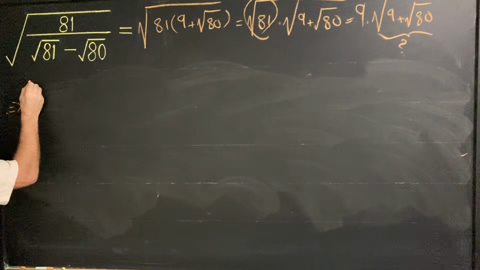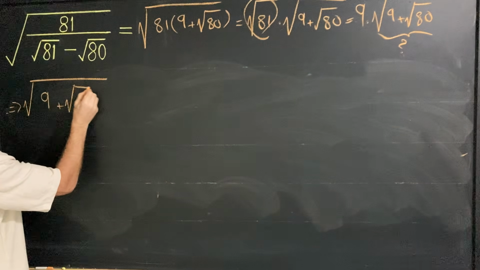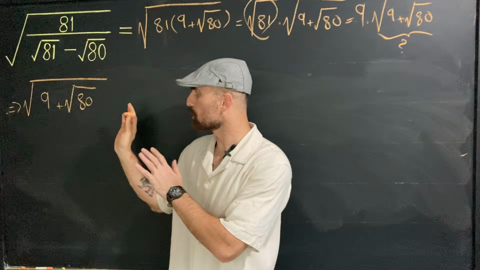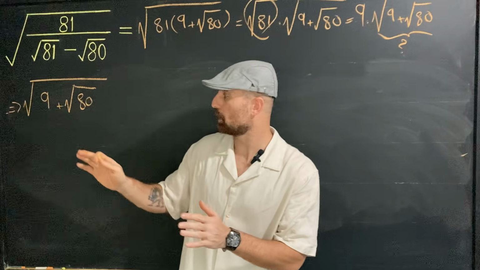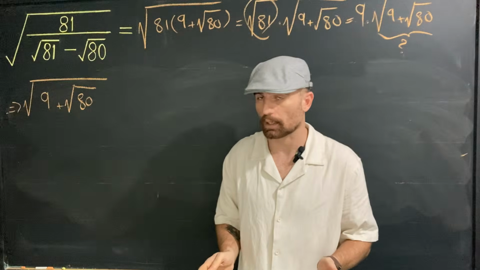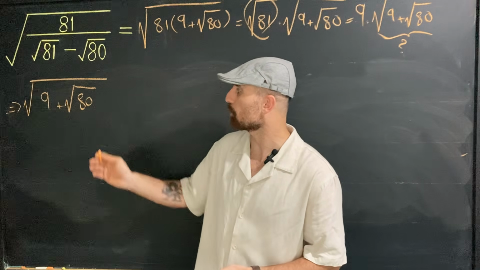Let me rewrite it here. We are going to find out the value of 9 plus second root of 80. What is your strategy to solve this type of question? Here we have second root of 80. If we had second root of 81, so 81 is a perfect square, we could continue the solution easily, but this is second root of 80.